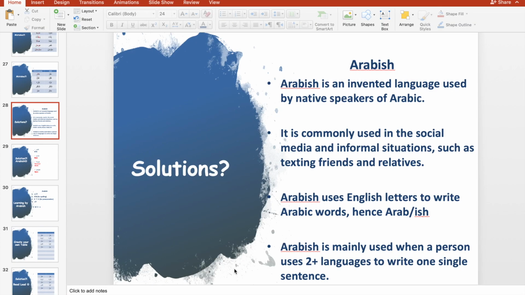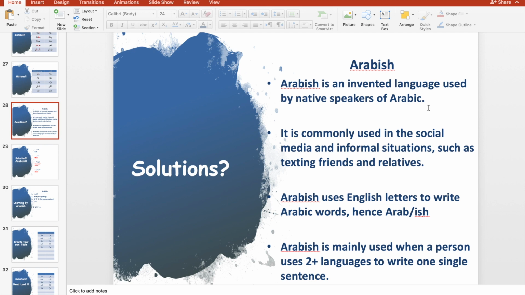Now we have arrived to the final part of the lesson. You could say, okay, I understand the mistakes made because of the vowels, but what about the solutions? The solutions are as following. Number 1. Arabizi. Arabizi is an invented language used by native speakers of Arabic.